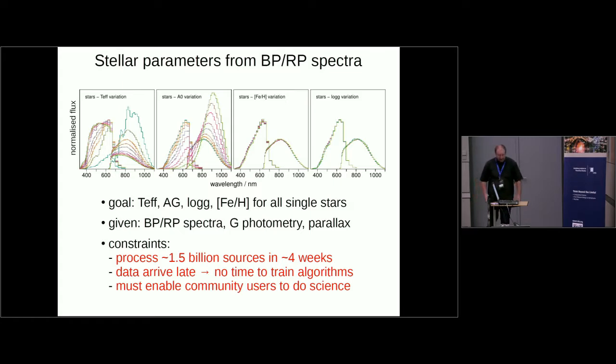The second most striking thing from this plot is that you can clearly see that temperature and extinction have a very strong impact on what these BPRP spectra look like, whereas metallicity and gravity have a very weak impact on the spectra. The important thing here is that these BPRP spectra, there's a reason why they are shown as a histogram, because that's their resolution.